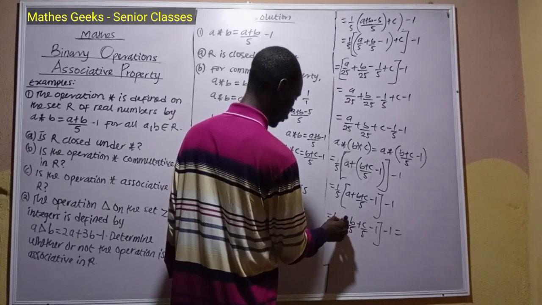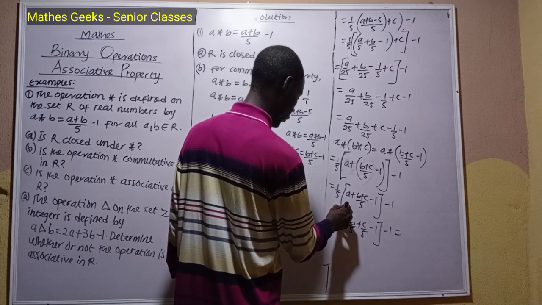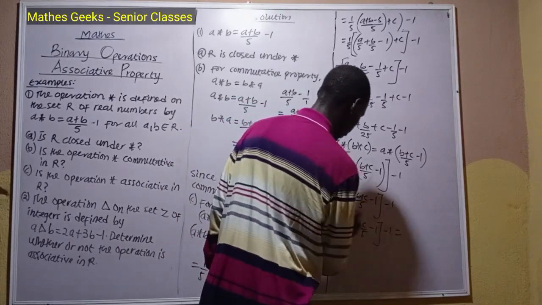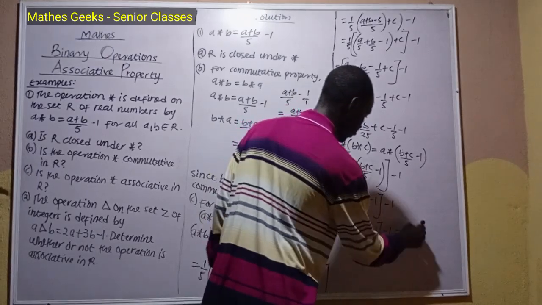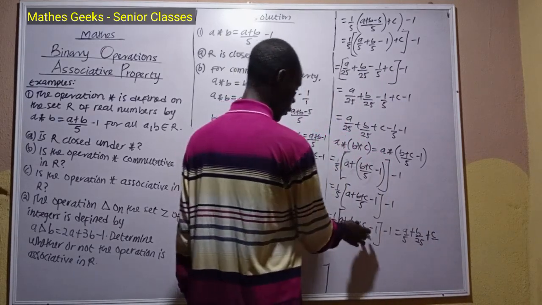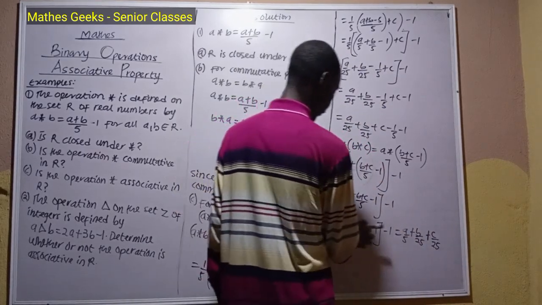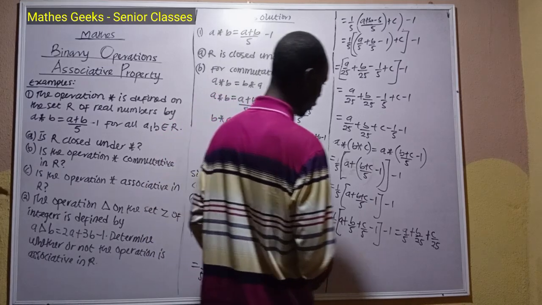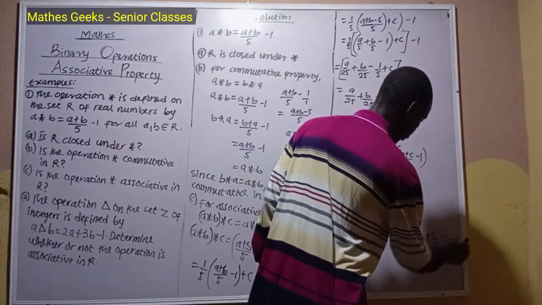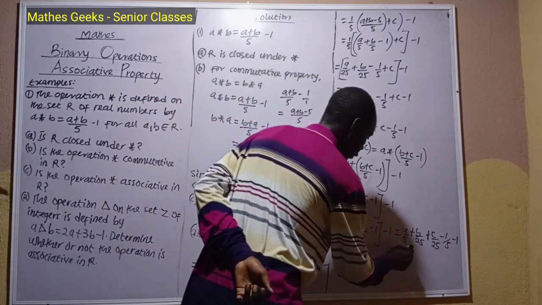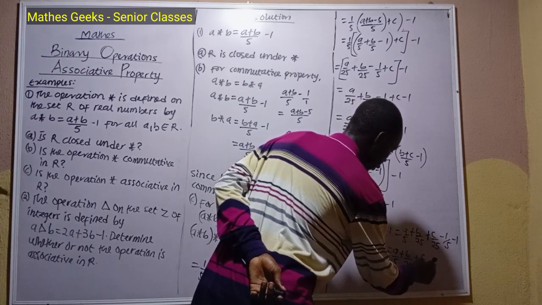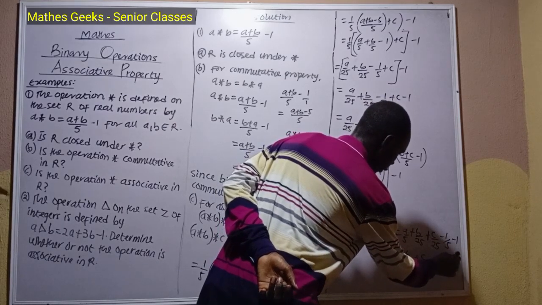So 1 times A is going to give us A over 5 plus B over 25 plus C over 25 minus 1 over 5 minus 1. So here we're going to have A over 5 plus B over 25 plus C over 25 minus 1 over 5 minus 1.